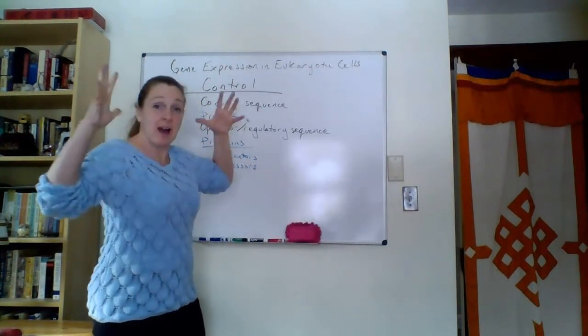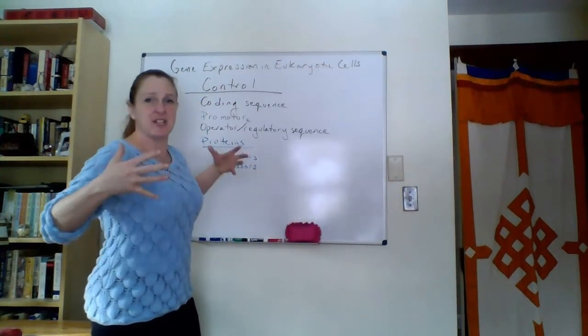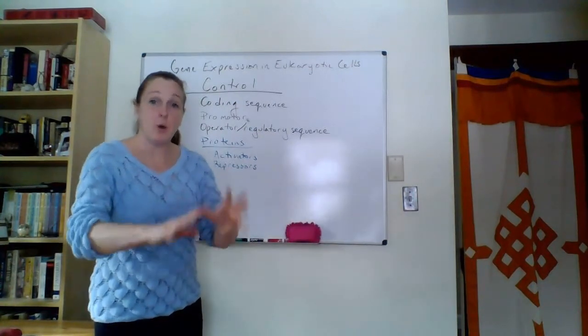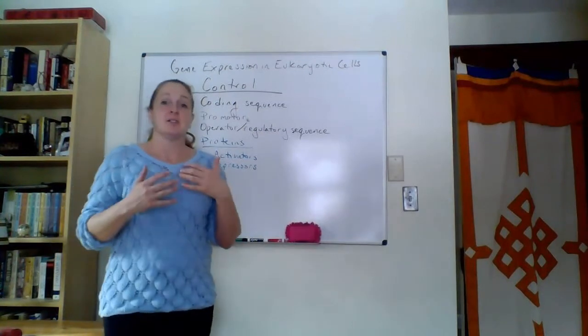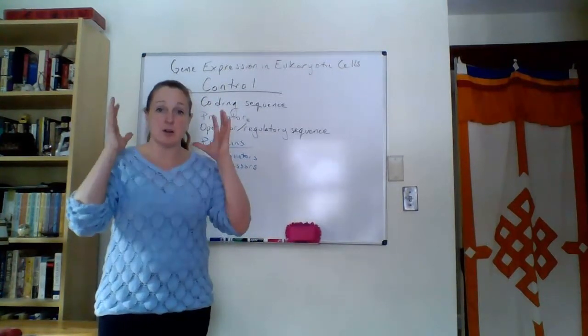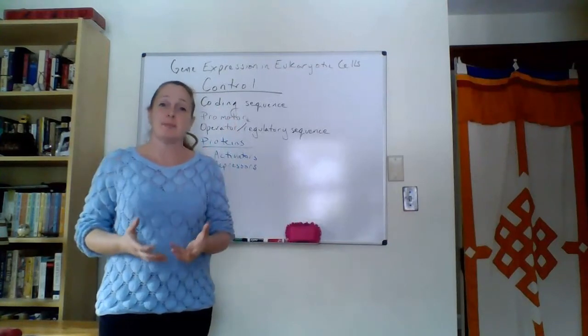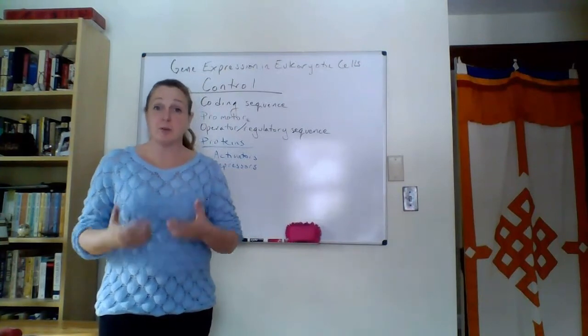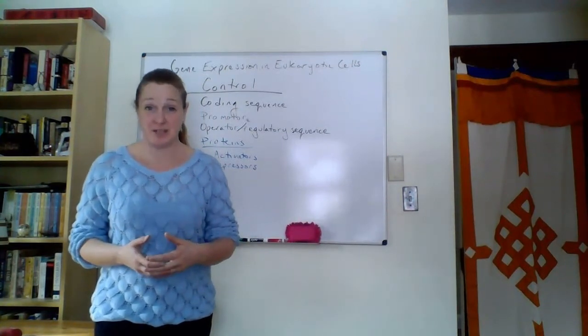Activators, making things happen. Activation. Repressing, stopping things from happening, holding things back. So if you start to feel like things get a little bit complicated and you're like, no, science words, always come back to the idea that you probably know what the root of the word means. Start to work your way through that and maybe it won't seem so intimidating.